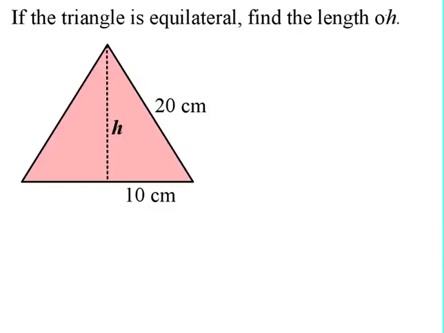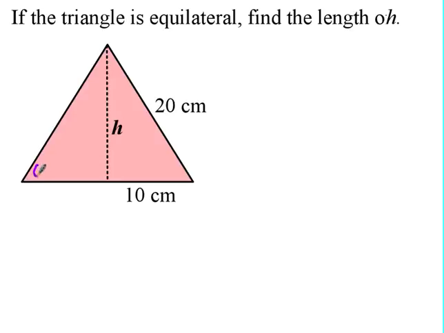If the triangle is equilateral, find the length of h. Evidently I have some problems with the font there, but that should say h. So if it's equilateral, does anybody remember what all the angles are? Yeah, all the angles are equal, and since all the angles are equal, they all have to be 60 degrees.